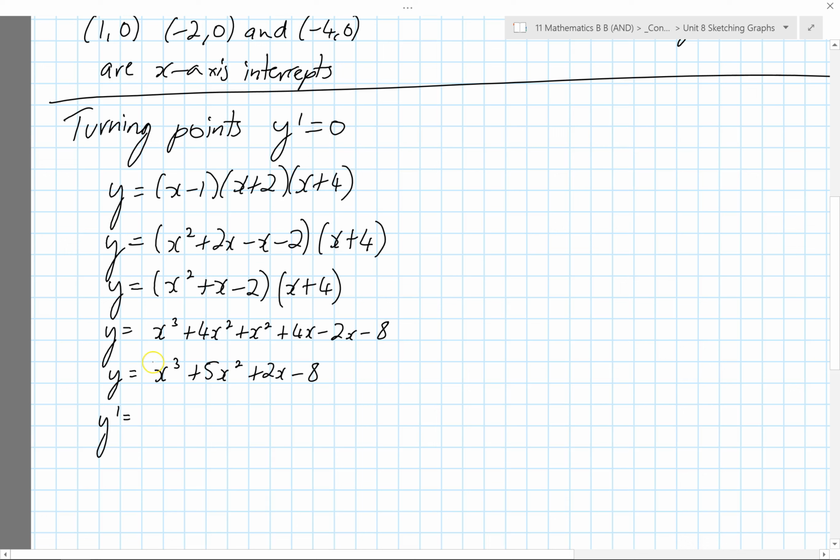We can also note that the number in front here is a 1, so I know it's going to be a positive cubic, which is going to start from down here and do something like that in the extremes. I could have found this just by looking also at the numbers of x here. X times x times x would give me x cubed. Okay, which also indicates a positive cubic.